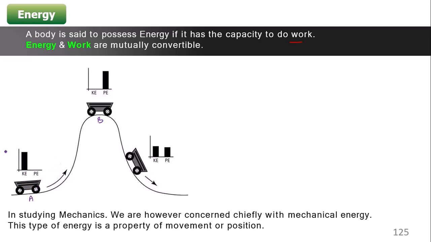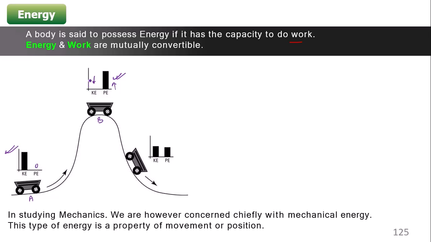So the body has kinetic energy, which is at its initial value at point A. Once I am pulling the car from point A to point B, you can clearly see the kinetic energy is reducing, and ultimately the potential energy, which was zero initially, reaches its maximum value. So potential energy is gained and kinetic energy is reduced.